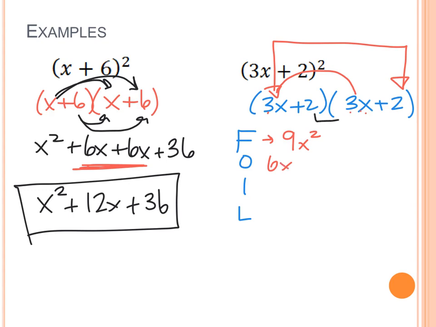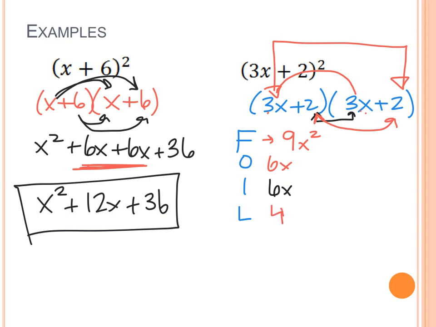The inside terms, 2 and 3x, again we get 6x there. So 2 times 3 is 6 times the x. And then finally we get 2 times 2 on the last terms, which would give us not 6. I don't know why I wrote 6, but that is not 6. It would be 4.